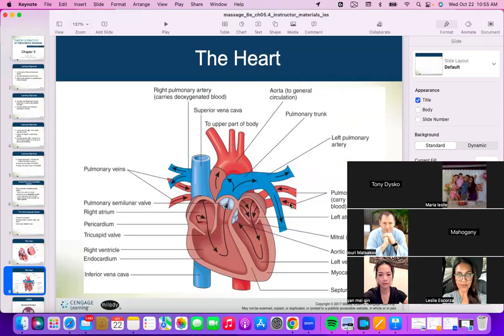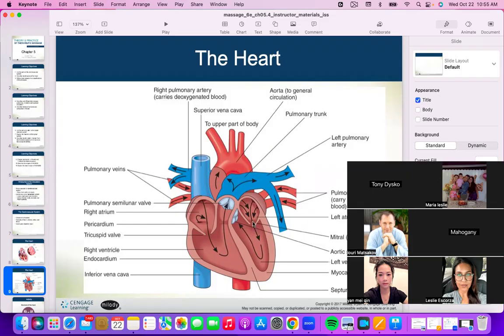So when we look at the heart, we're going to see that it consists of 4 chambers right here. 1, 2, 3, 4. And we are looking at the heart as if we are looking at a body in front of you. So let's say somebody's laying in front of you. This is going to be their left. It's not, but if you're looking at the computer, it's going to be your right, yes? But we are looking at the heart as if we're looking at a body that's laying on the table.